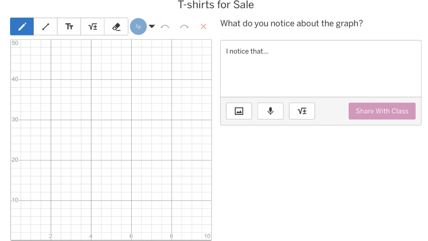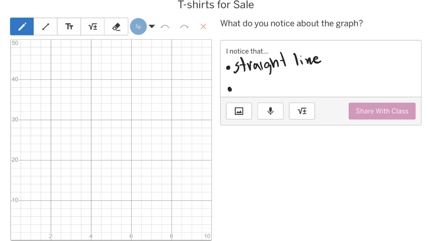All right, I'm going to talk about what we noticed one more time. I'm not going to redraw the graph. You can go back to the previous slide if you want. But I noticed that the proportional relationship was a straight line. So that's a really important part of it being proportional.